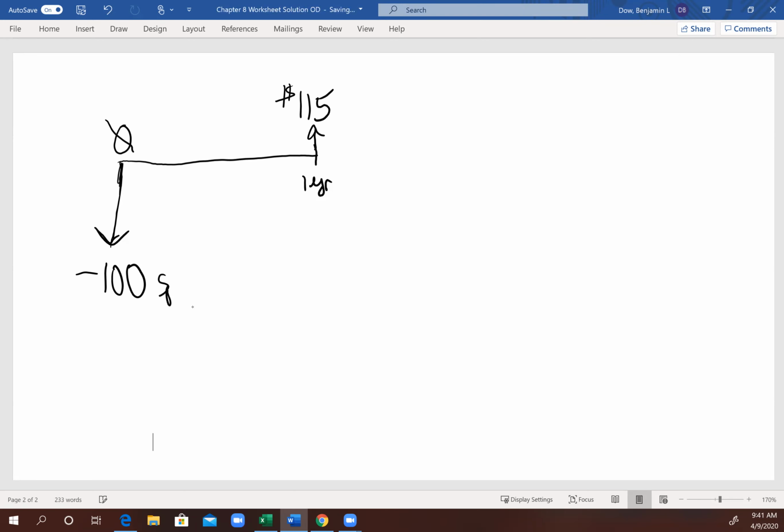So this is what I'm spending today, and this is what I'm going to get back in 1 year. Now the question is, is it a good idea to spend $100 to get back $115 a year later?